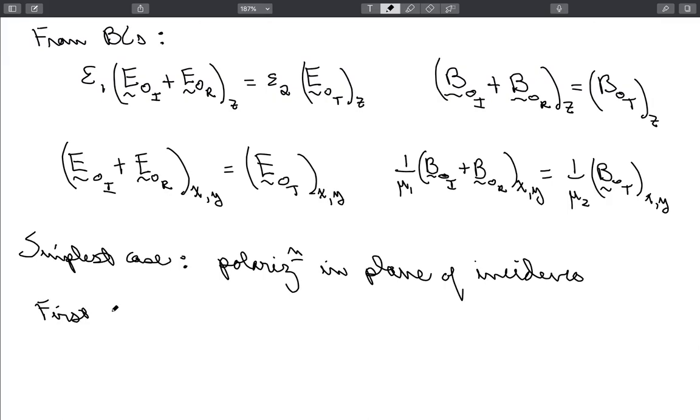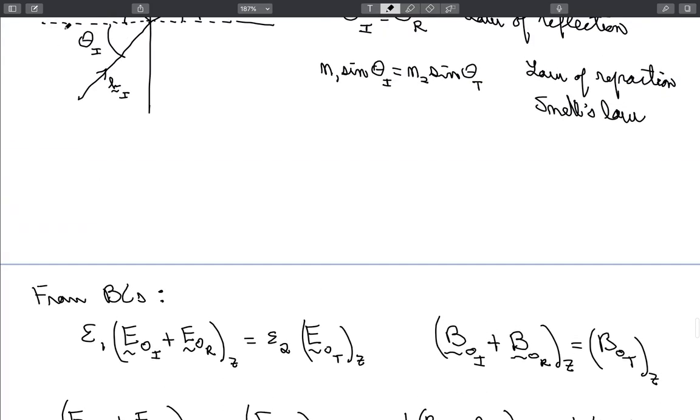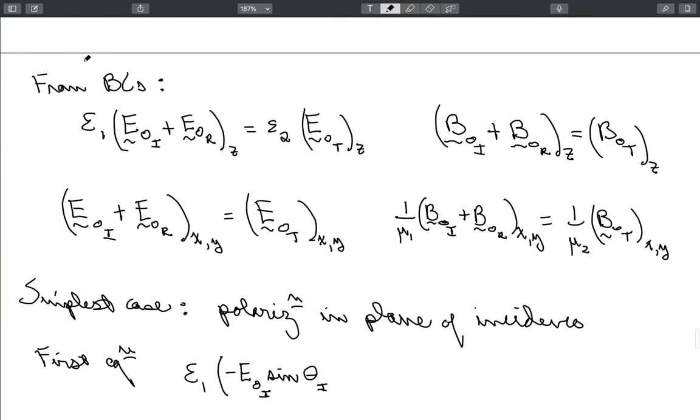So this first equation here tells me that epsilon 1, with now a minus, since I do the projection onto the z-axis, E0i, so this is now a scalar, right? I'm projecting the coefficient along the z-axis, which is the sine. The minus sign is because of the choice that I have of putting the electric field this way.